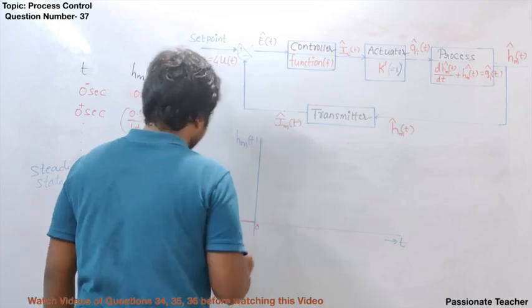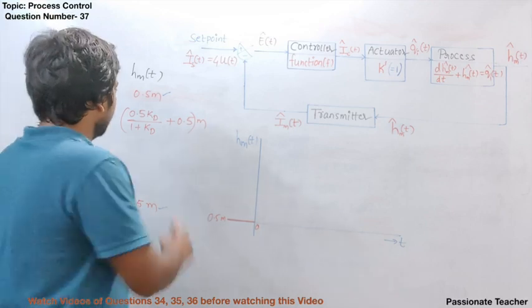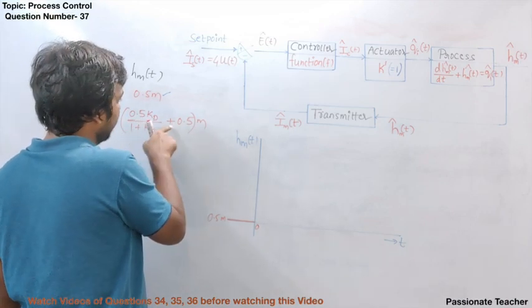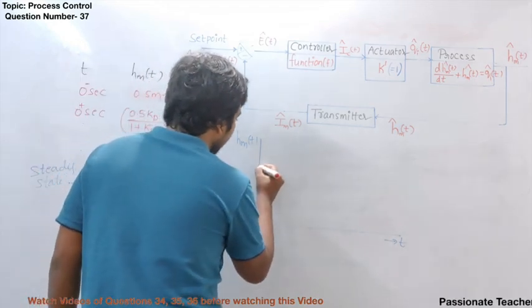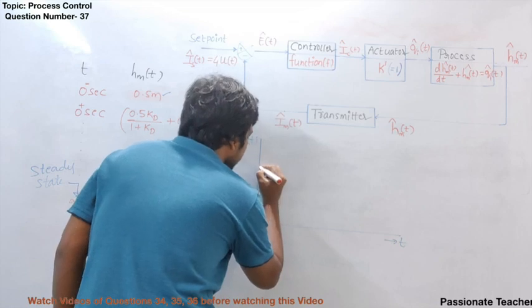Now exactly at t is equal to 0 seconds, in a very minute time, you will see 0.5 kd divided by 1 plus kd, plus 0.5. So there will be a sudden, very sharp rise in the water level, right?